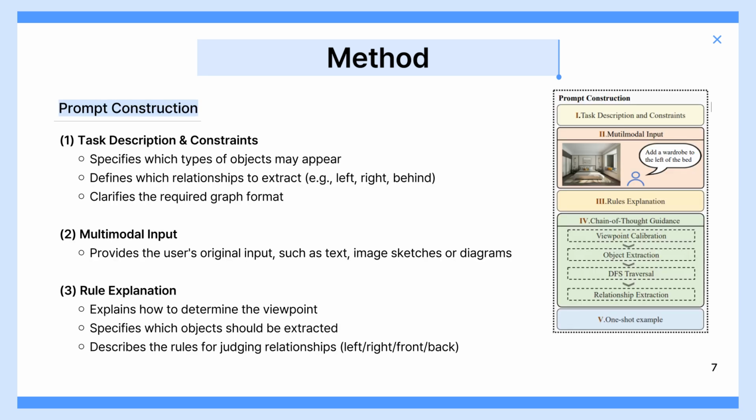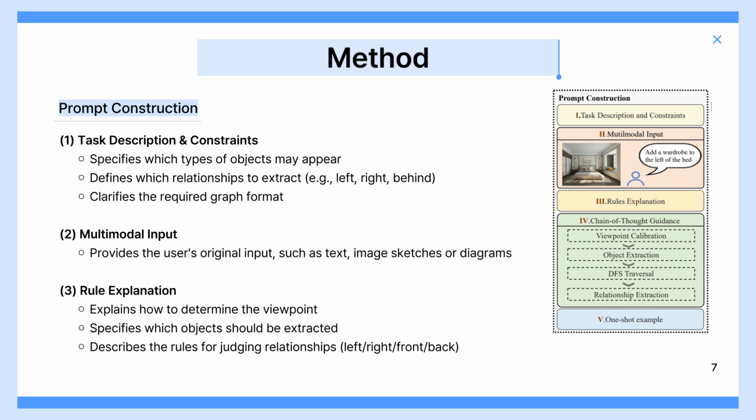The core of the Graph Designer is not just the vision language model itself, but the way the prompt is designed. The first component of the prompt is the task description and the constraints. This tells the model which objects may appear, which spatial relationships to extract, and what the final graph format must look like. The second component is the multimodal input.